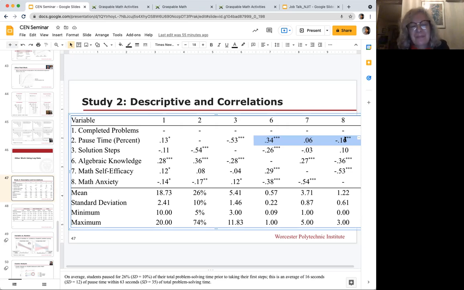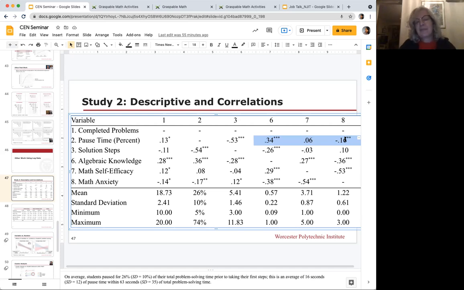So it would be really interesting to introduce even just a very basic executive function measure in here to see how that correlates with performance on the maths tasks and the pause time.